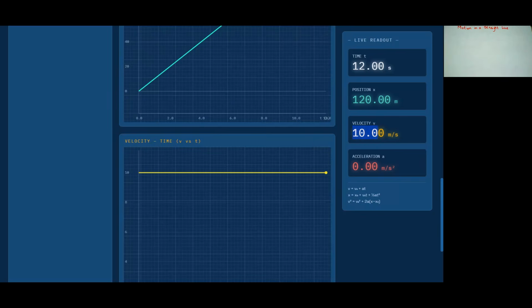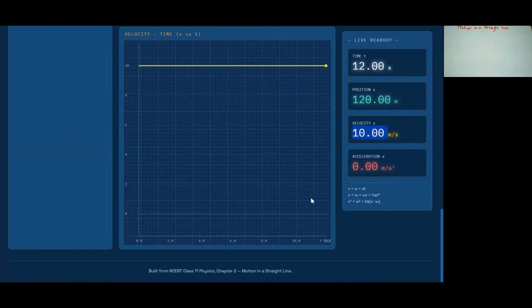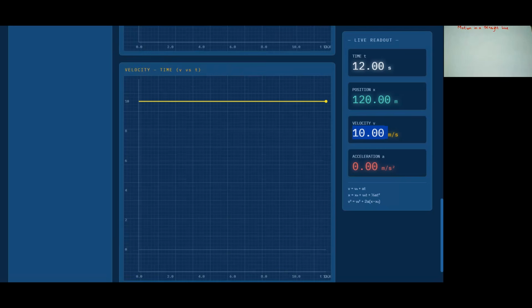So for example, time 12, position 120, velocity 10. Height 10 meters per second with 12 seconds, area 120 meters, like that. Clear? Okay, so check out the readout data. Position should read close to 120 because time is 12 and velocity is 10.